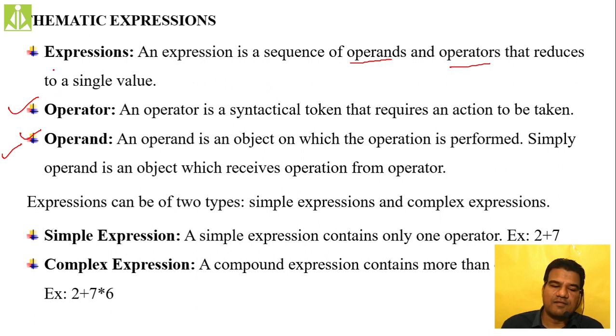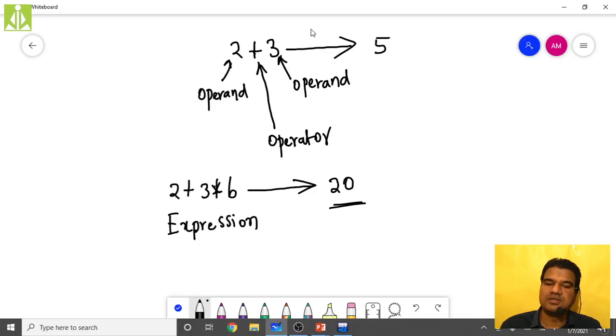After this we have to see how many types of expressions we have. Expressions can be of two types: simple expression and complex expression. If an expression contains only one operator, we call it a simple expression. So this is your simple expression as it has only one operator.